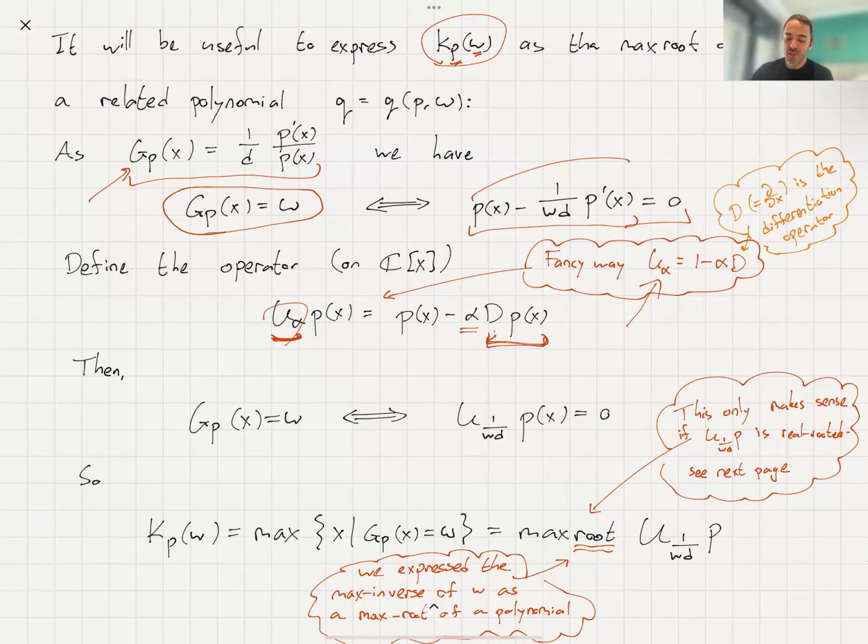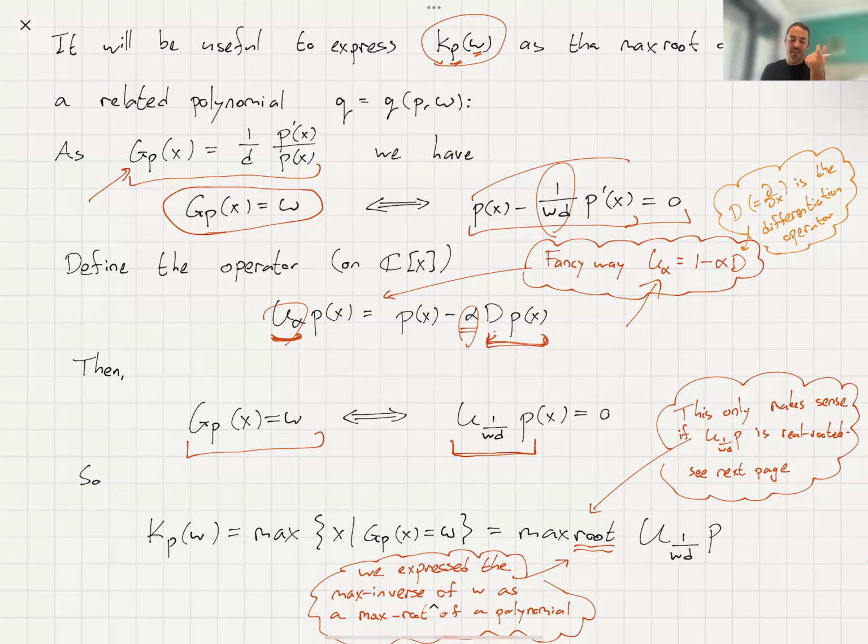So using this notation, you can say that x solves this equality, and again, w is given, if and only if this polynomial, where you apply the U operator with alpha equal to 1 over WD to P, you get a polynomial, and that polynomial evaluated at x is 0.